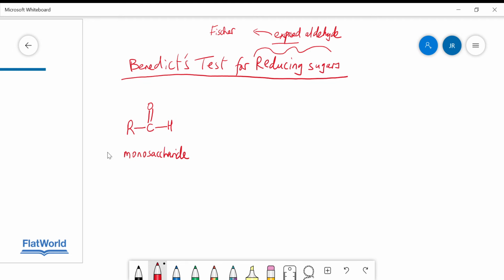So let's say it's a monosaccharide, and we add Benedict's. Benedict's is a basic solution of copper 2. Now copper 2 is blue, so we may as well use the blue pen. So it's an aqueous solution of copper 2 ions at a pH greater than 7, and it has a blue color.